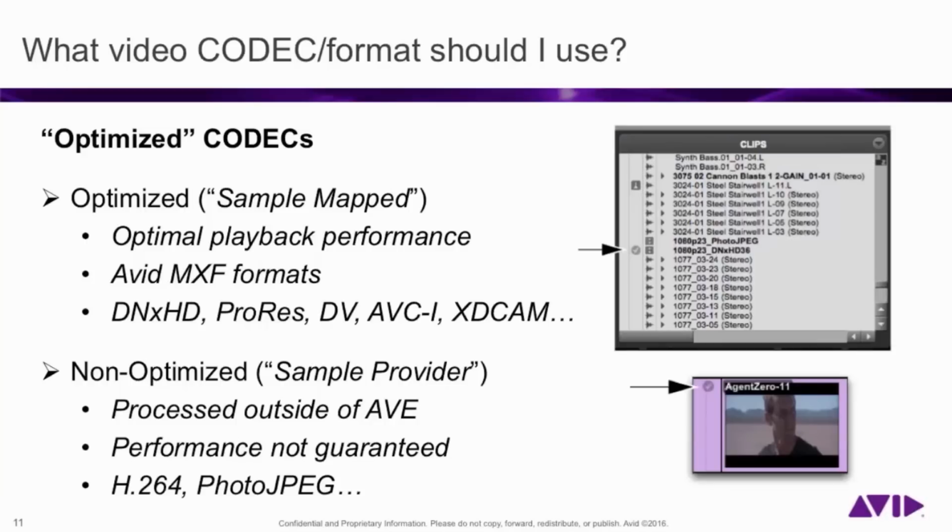This can be due to a couple of things. Either the file was encoded with an alpha channel, or it was encoded with multiple codecs, at least one of which was a non-optimized codec. That can result in the engine basically saying, well, this is a non-optimized file, I'm going to hand that off to be processed externally. So in that case, the best thing really is just to re-encode.